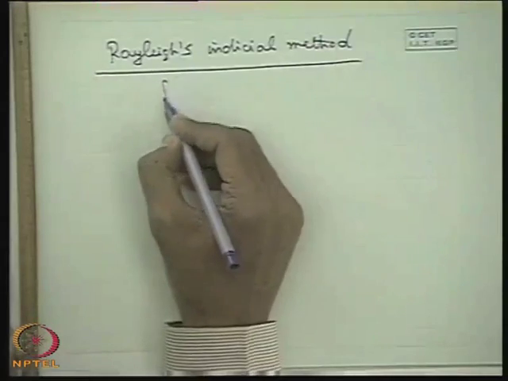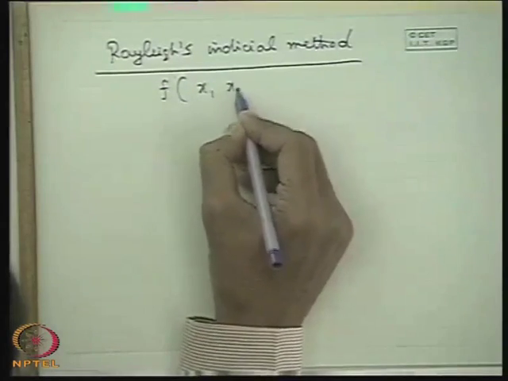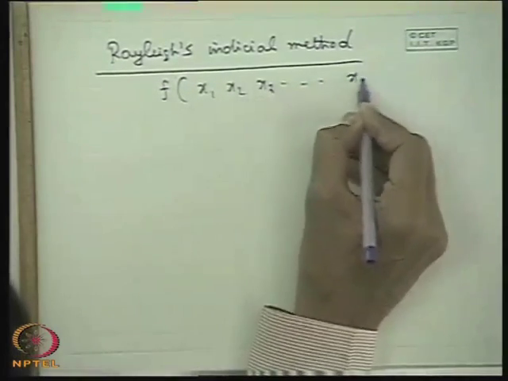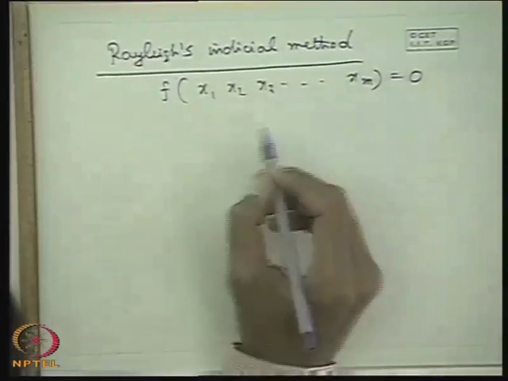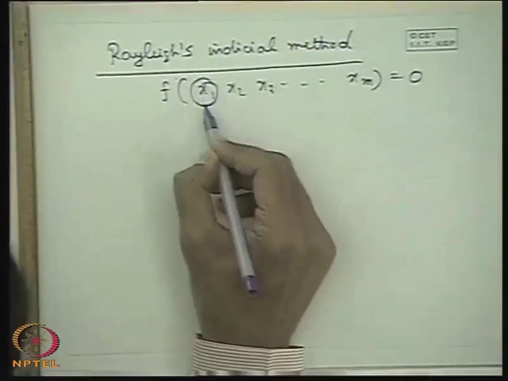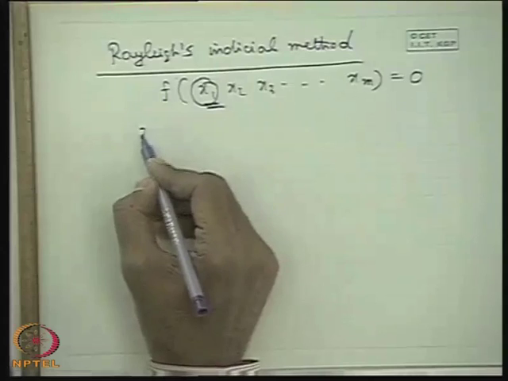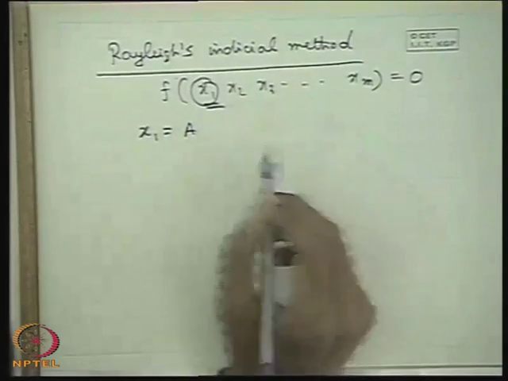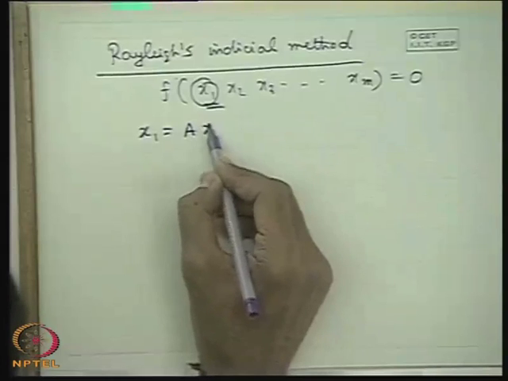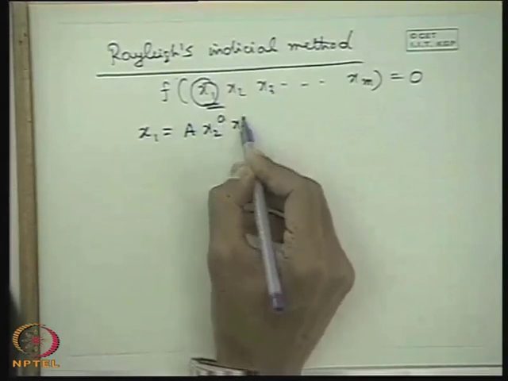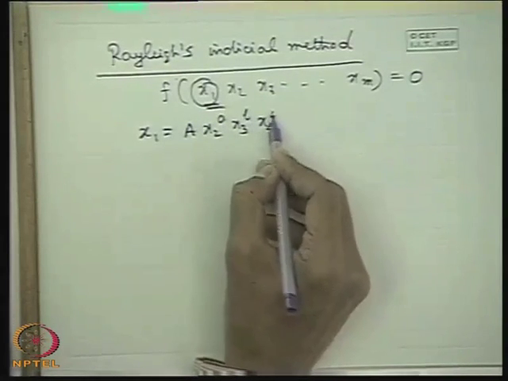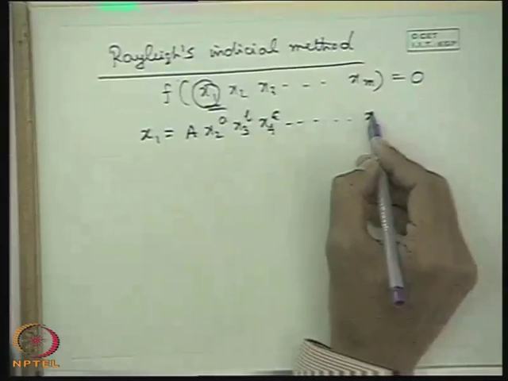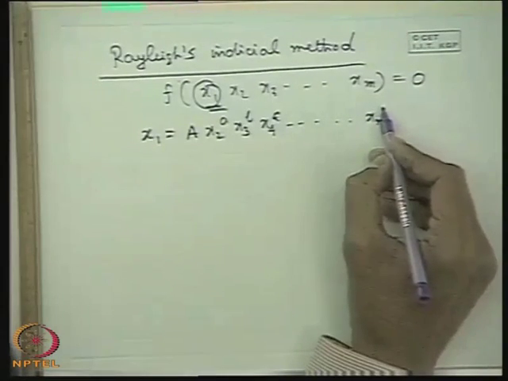What Rayleigh's indicial method does is recognize, for example, that a problem is defined by x1, x2, x3 ... xm number of variables. It first recognizes the dependent variable or output parameter and expresses it as a power law type of dependence on the independent variables.